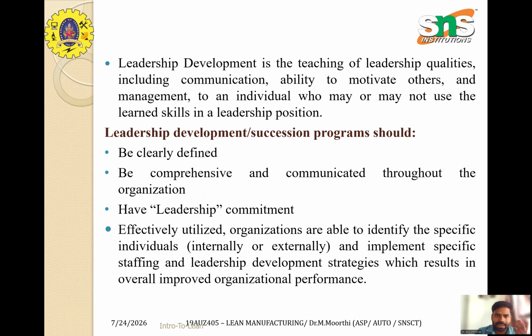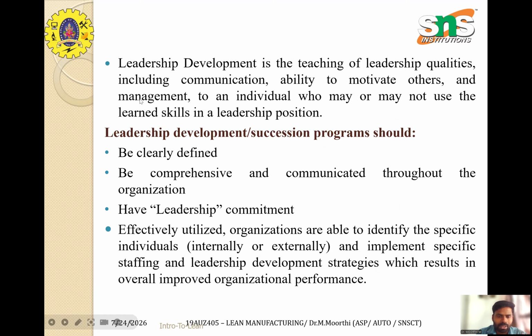That is, as a leader, they have good communication ability to interact with the employees, the customers, or the management, so that better communication will develop improvement in the industry. Leadership development programs are followed to be clarified, defined, comprehensive, and communicated throughout the organization, with leadership commitment.